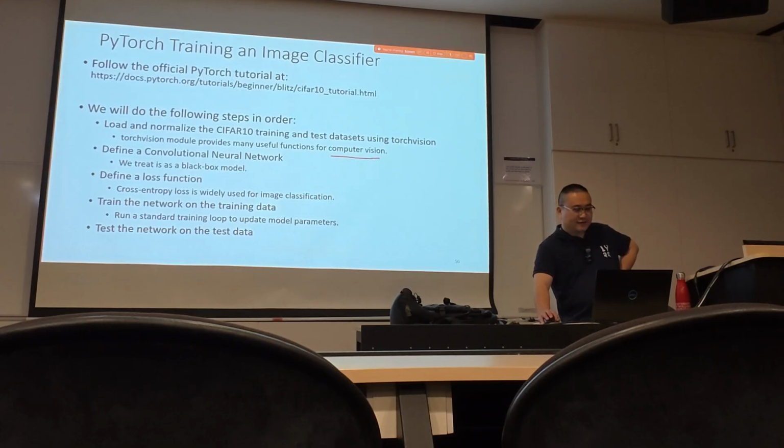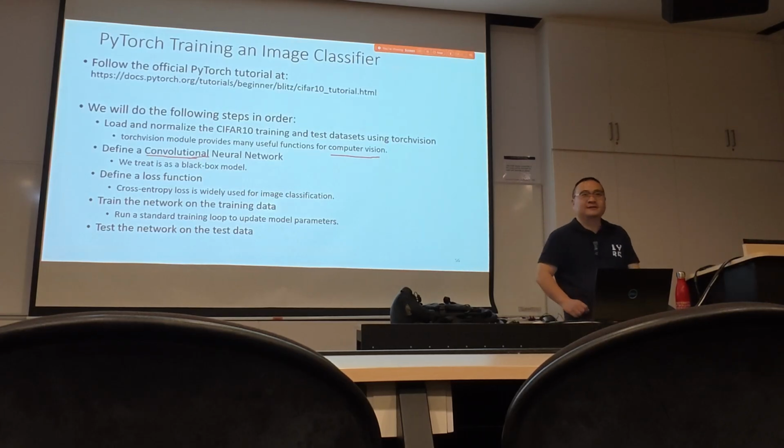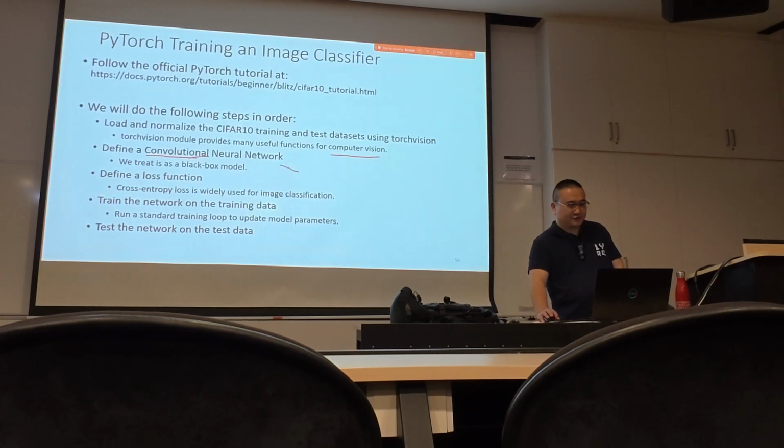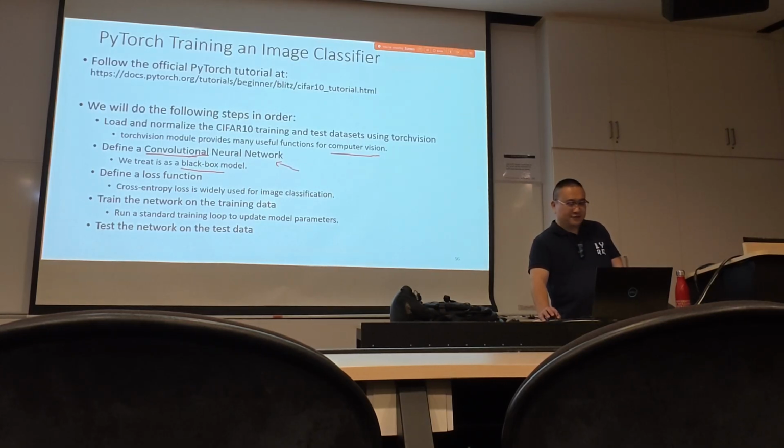And now we define a neural network. This is a convolutional neural network. If you understand what convolution is, that's okay. In this subject, we don't go into details. Basically, you only need to know that people use convolutional neural networks for image classification. We treat this model as a black box model: given an image as input, the output is the class label.